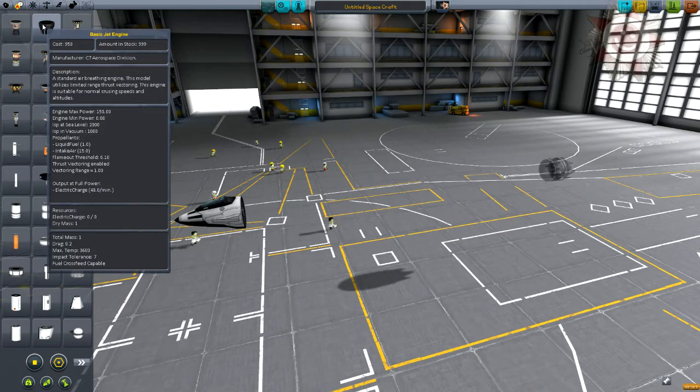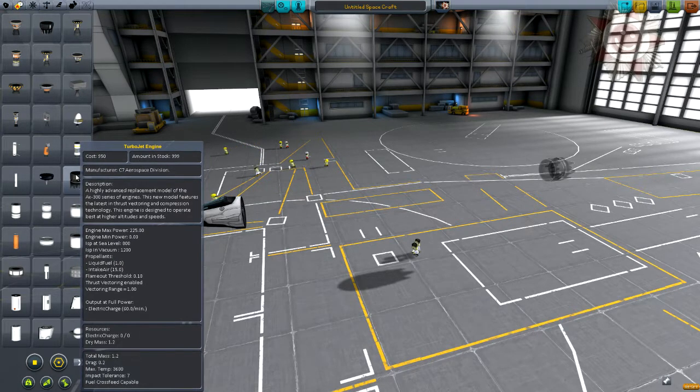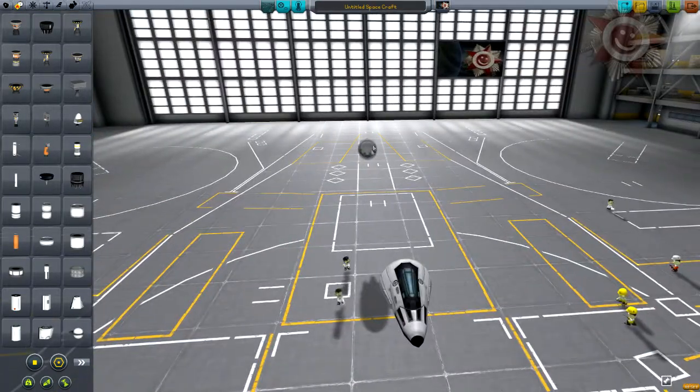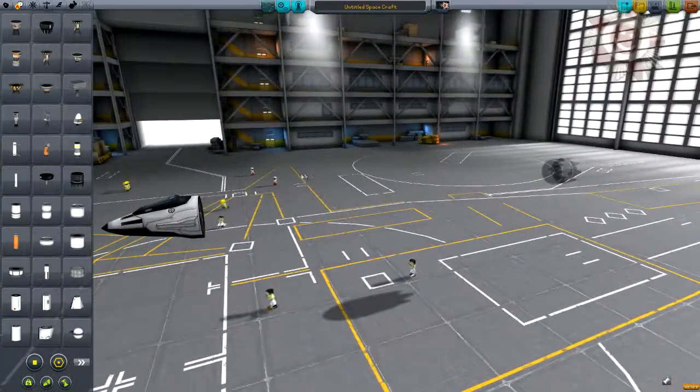The basic jet engine is great for low altitude things, maybe for a boat or car or vertical takeoff plane, the vertical part, but the turbojet engine is much better higher up in the atmosphere, so we will be using that, and only one engine because we will be making a light plane, not too heavy.